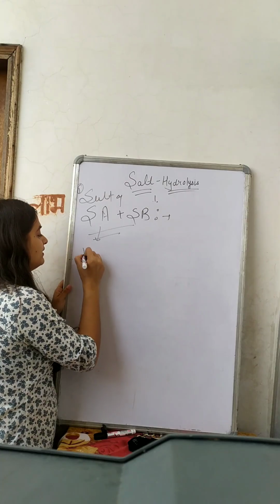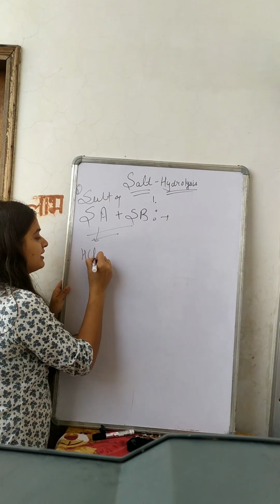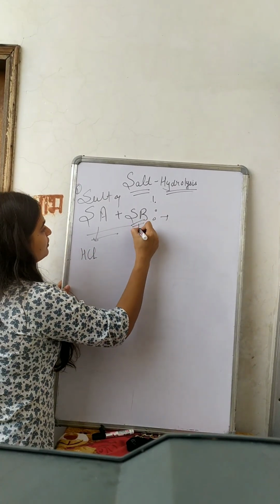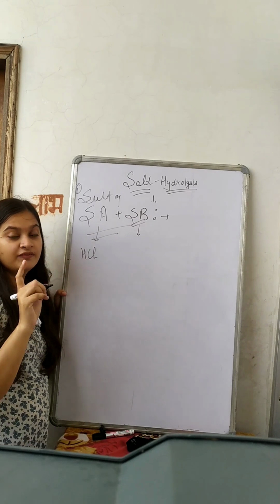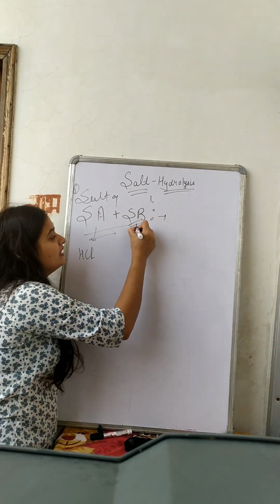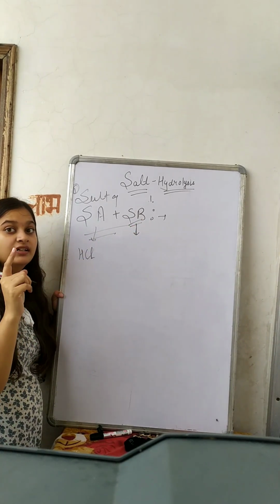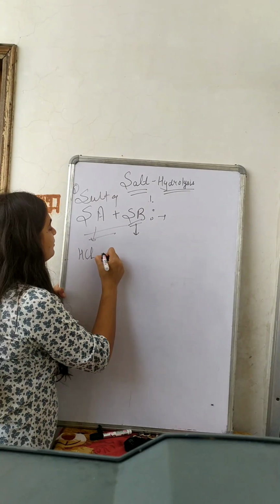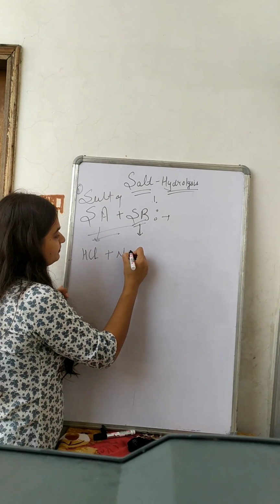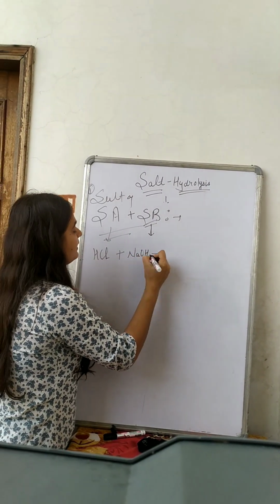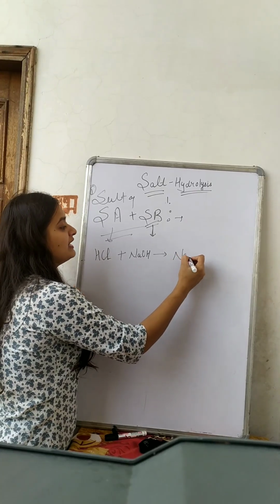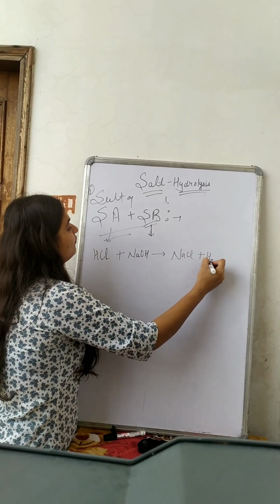For example, let's take strong acid HCl. What is an example of the strong base? Basically, hydroxides of alkali and alkaline earth metals are strong bases. So let's take NaOH. Okay, when they react together, they form NaCl and water.